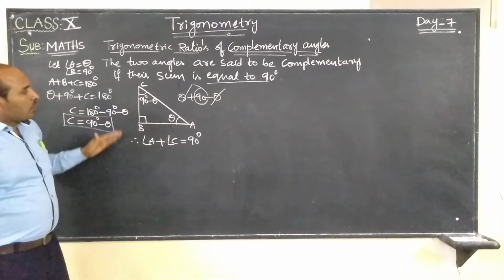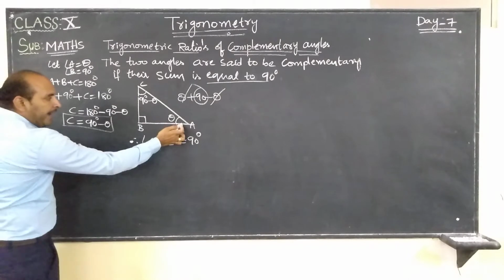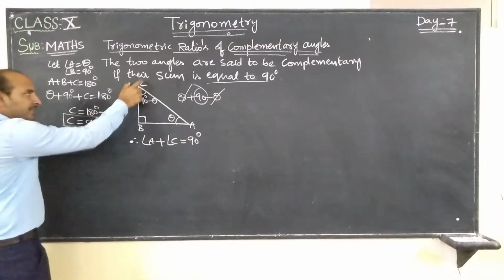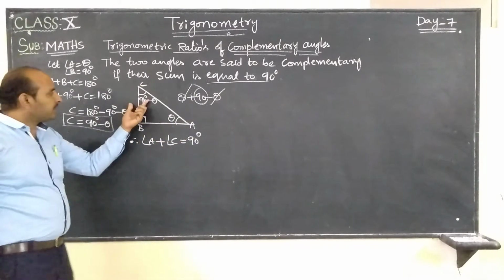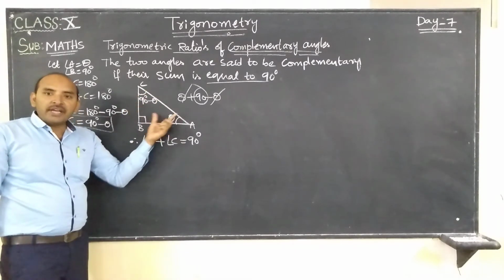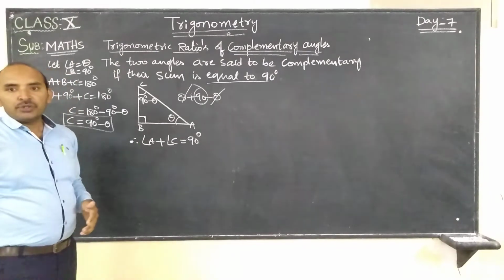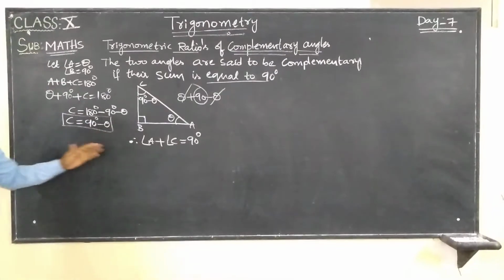So now coming to the angle theta, this side is the opposite side, this is the hypotenuse and this is the adjacent side. By taking the trigonometric ratios, we have to find out the values.